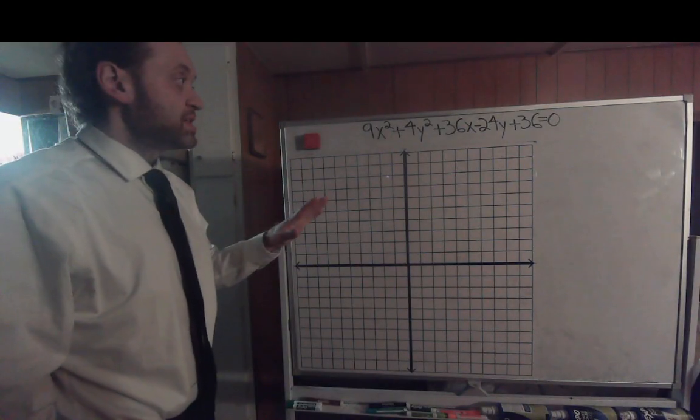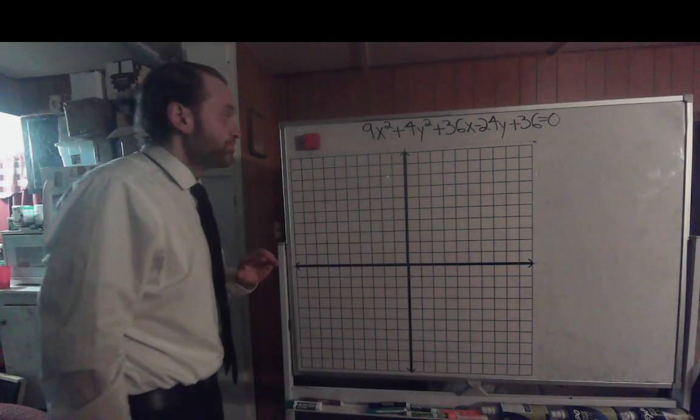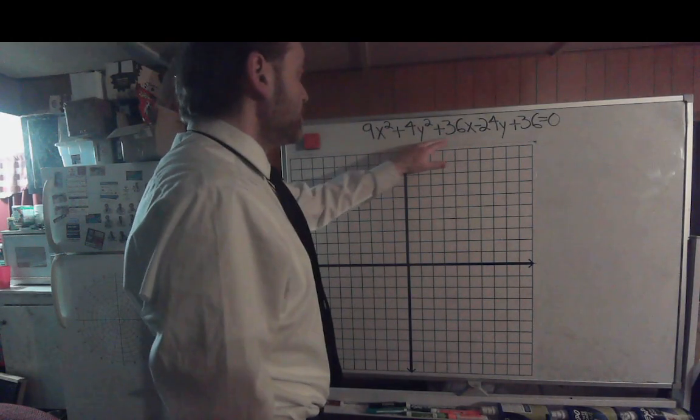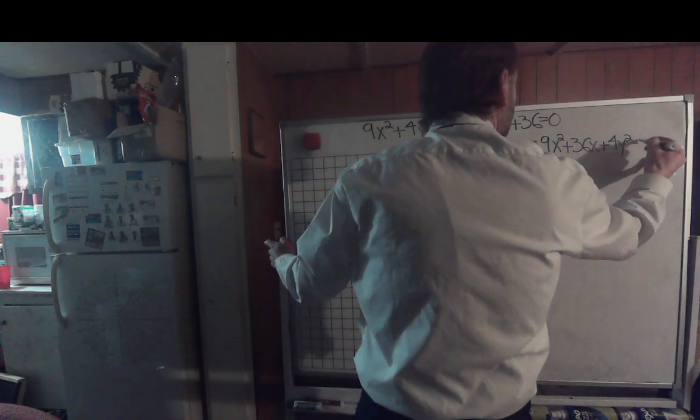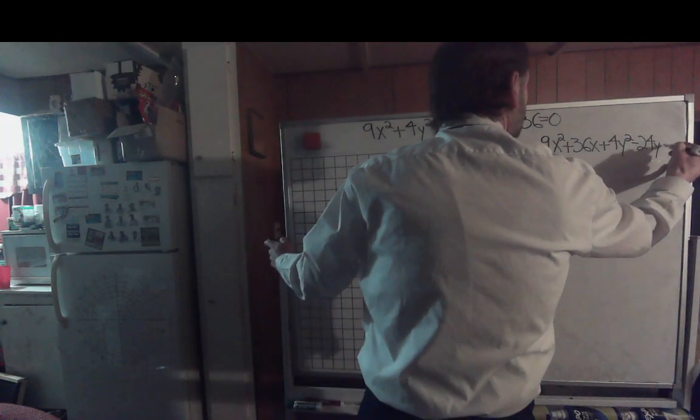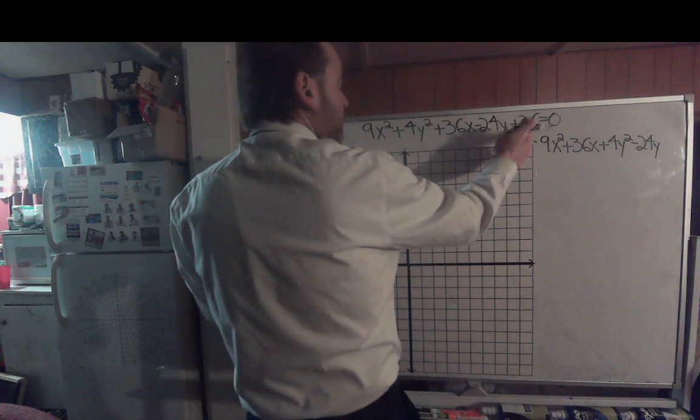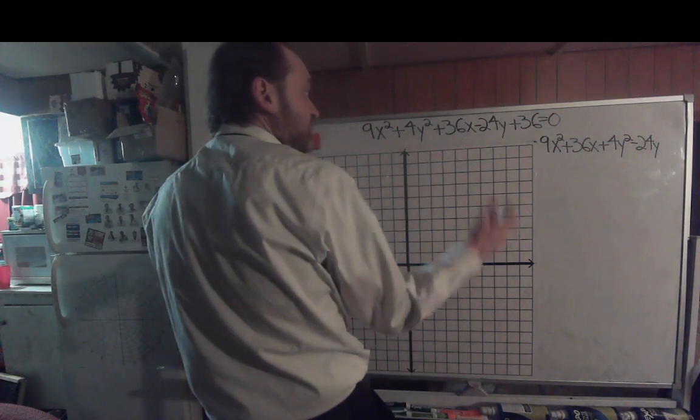Whenever you're given this, here's what you got to do. Group your x terms together. So you'll have 9x squared plus 36x plus 4y squared minus 24y, and then I would get rid of that constant on the left-hand side, so subtract 36 from both sides, and you would get negative 36 on the right-hand side.